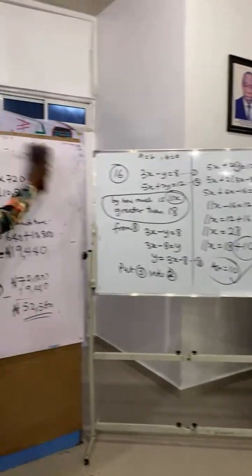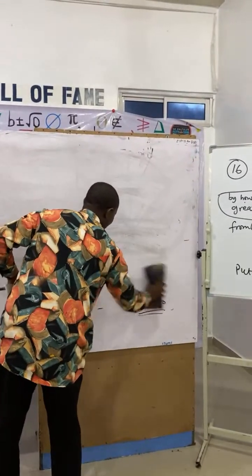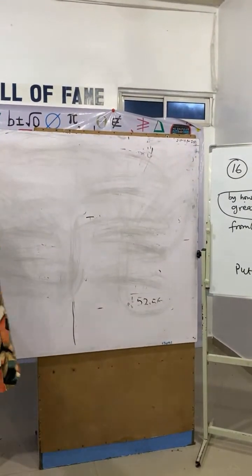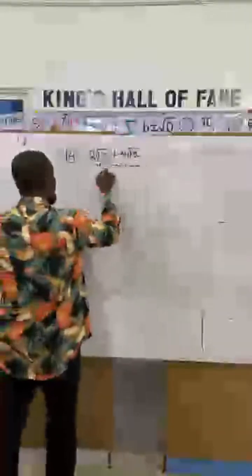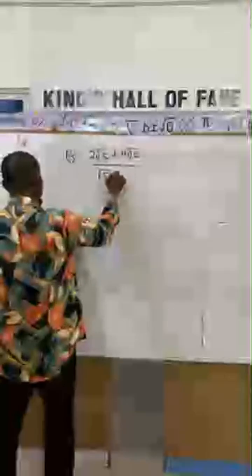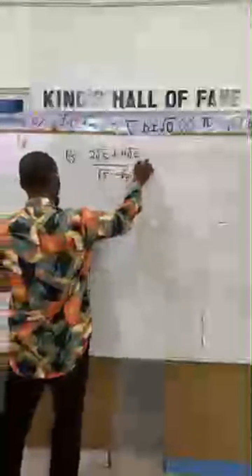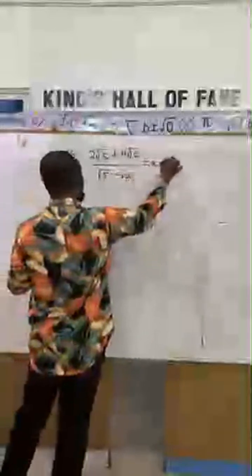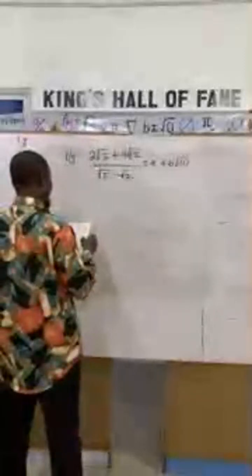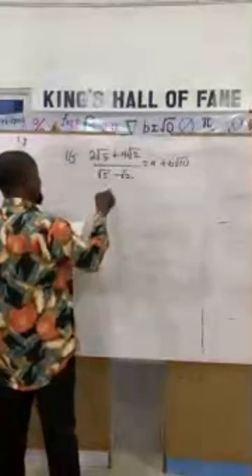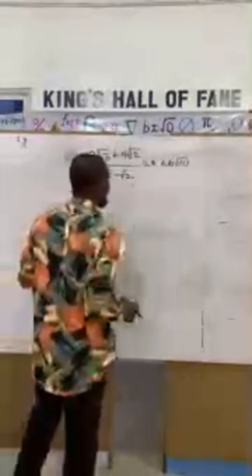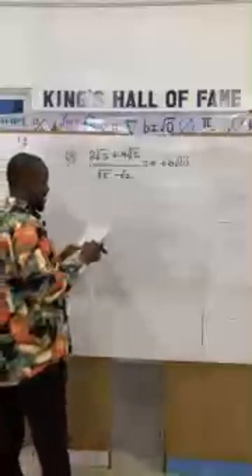The bedrock of mathematics. Divided by root 5 minus root 2 equals a plus b root 10, where a and b are rational numbers.